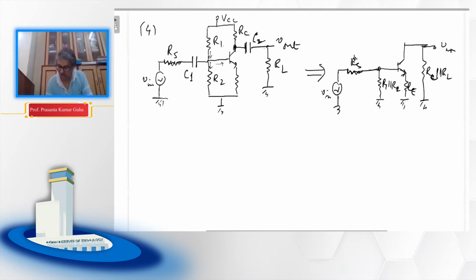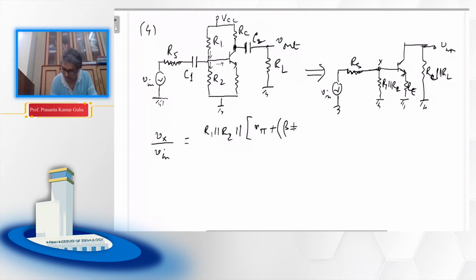So if this is our point X, we have done this calculation before, so we can write Vx over Vin, if this is the point X. So what is the resistance here? Resistance here is R1 R2 parallel, and along with that it is parallel to R pi plus beta plus 1 Re, right?